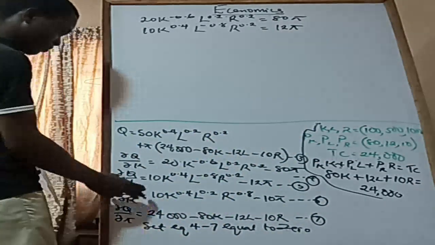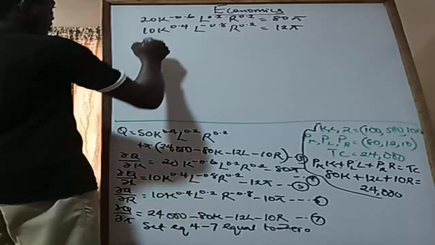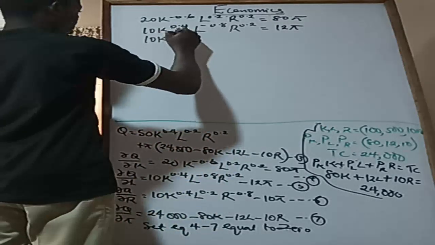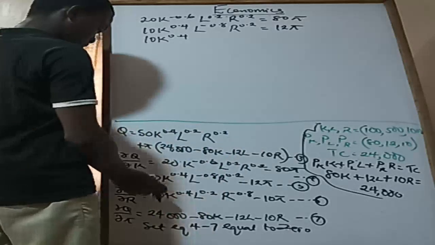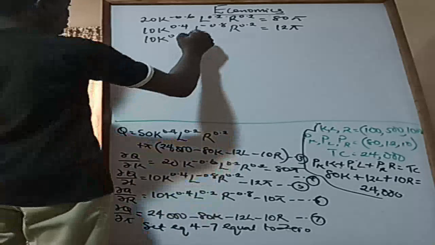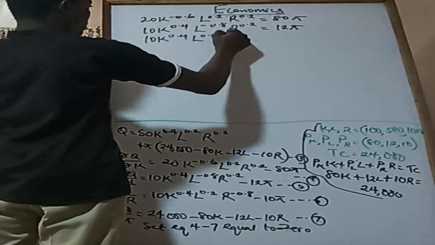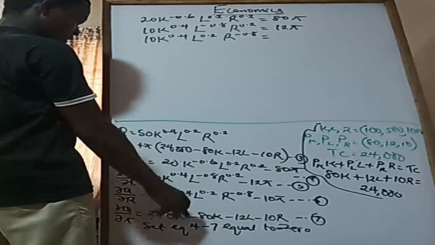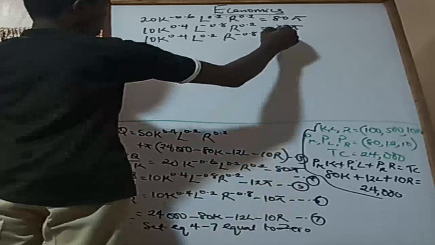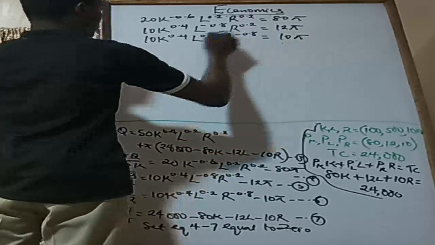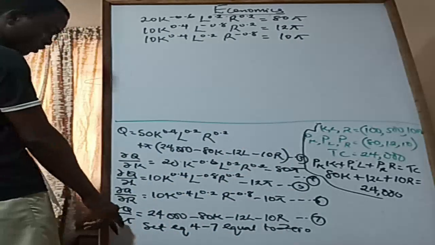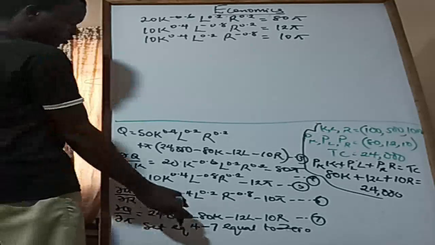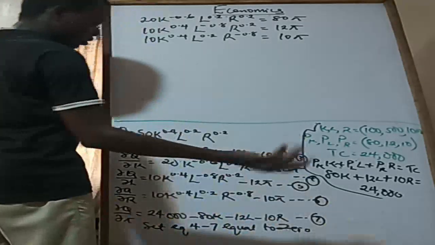Then from there, 10K^0.4 L^0.2 R^-0.8 equals 10 lambda. And then the last one, which is this 24,000, when you set it to zero, you get the constraint back.